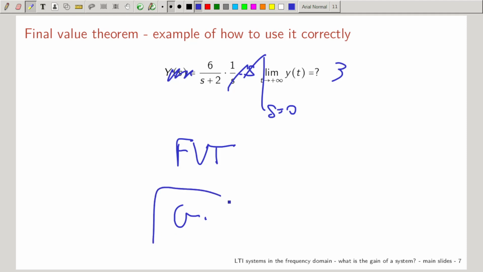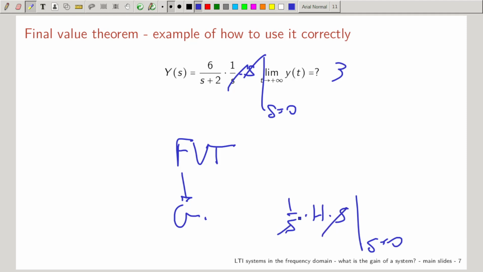Perfect. Then we have the gain. For computing the gain, we lean on the final value theorem. We inject u equal to 1 over s. That is my step. Then I compute my response. That is going to be this one. True. And then I apply the final value theorem. That is times s in s equal to 0.